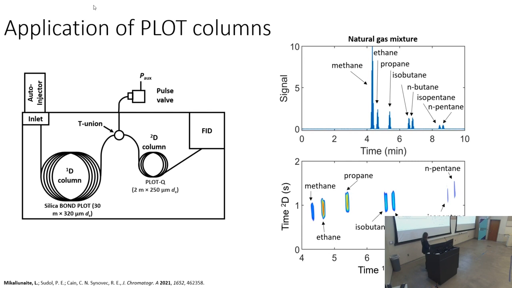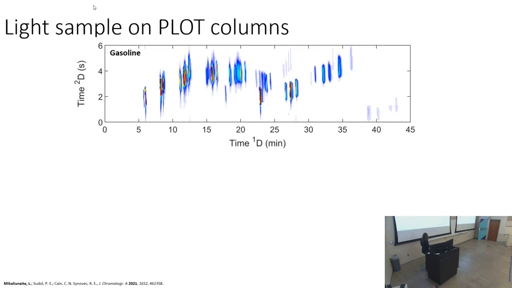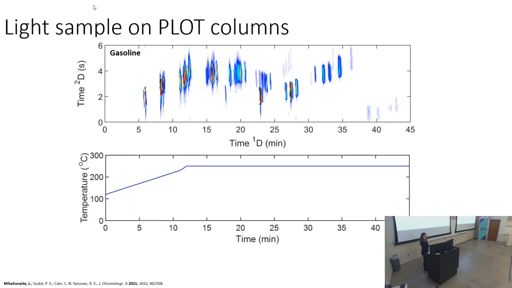So this was cool. But then we said, okay, let's put in another sample that we consider light: gasoline. And if you look at this, it's taking us a very, very long time to separate that out. It's basically only up to about C6, maybe, that we're getting off in the temperature program, and then everything else we have to hold at 250 degrees, which is the limitation of the PLOT column, to get everything else off.